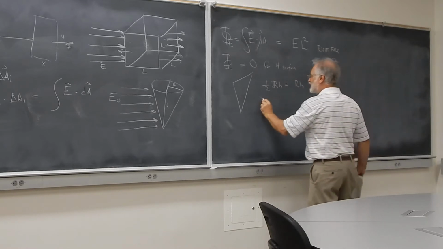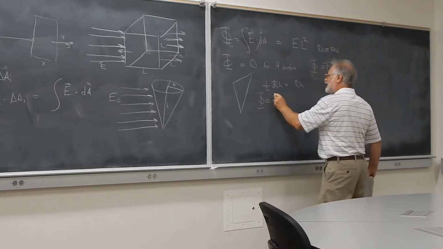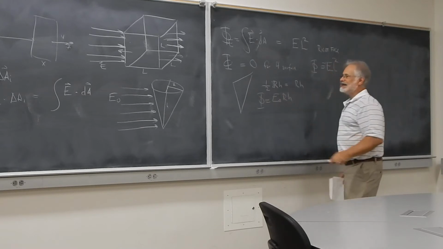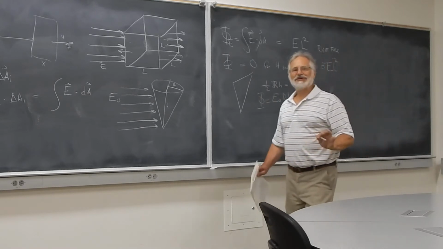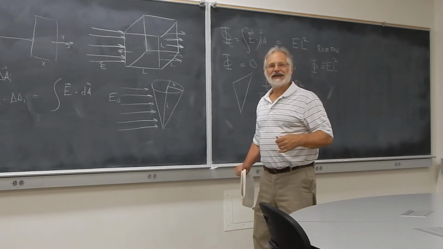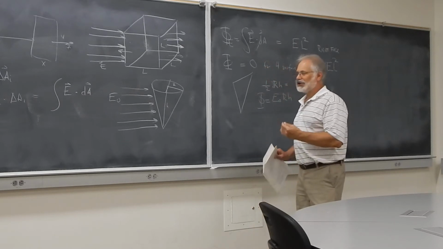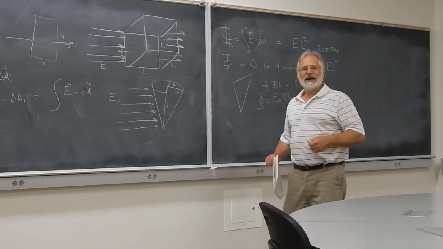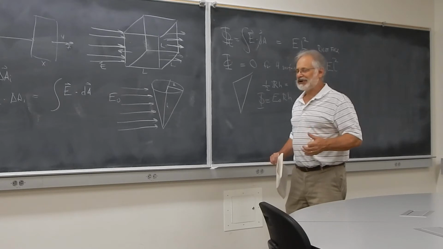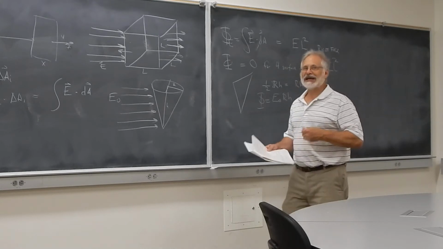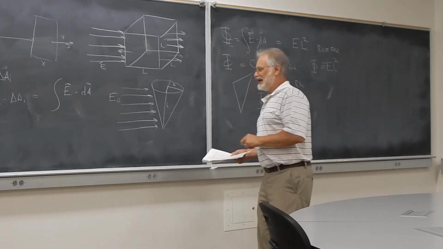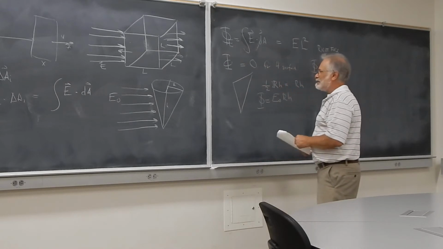And therefore the flux would be simply E0 times r times h. So there are some tricky problems you can ask. You just have to be very careful to look at the picture and assess the geometry correctly. Generally speaking, it's a much easier problem than you think on the face of it.